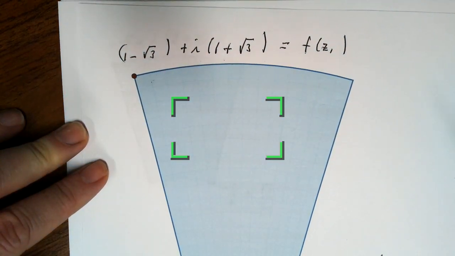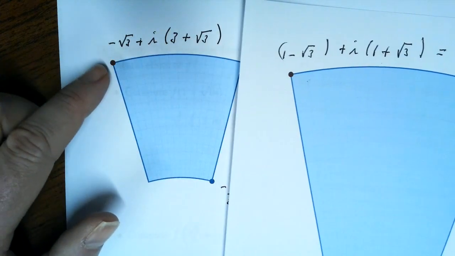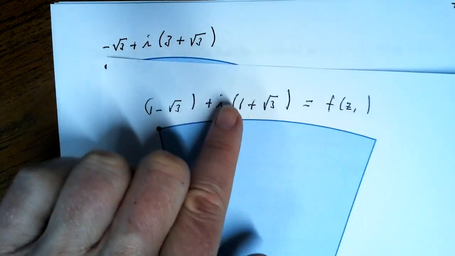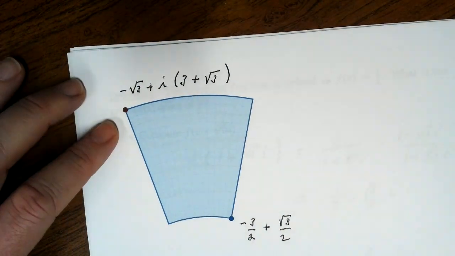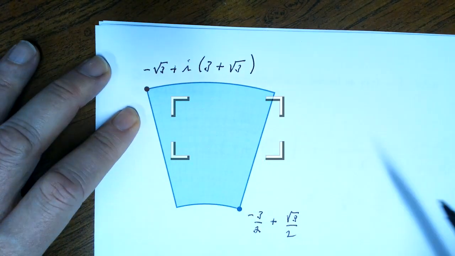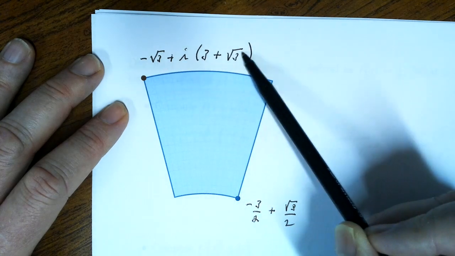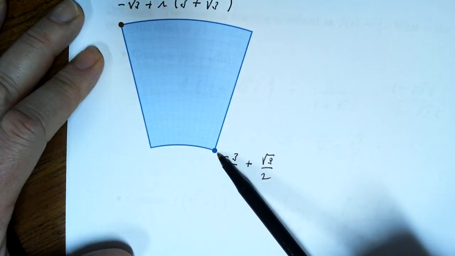And so if I move 1 unit to the left, that means I will subtract 1 from this, so I'll have just minus root 3, and I will be adding 2 to that 1, so I'll have plus 3. So the effect of taking the preceding graph and moving it 1 unit left and 2 units up is now I have this point right there, and I have this point right there.